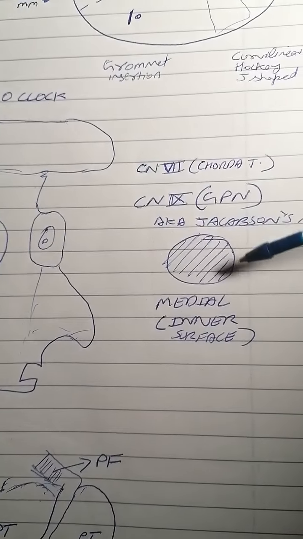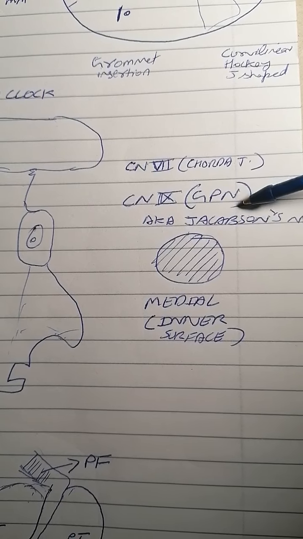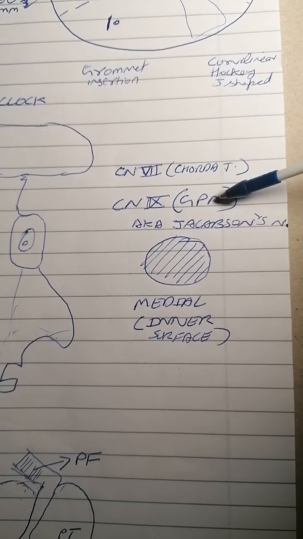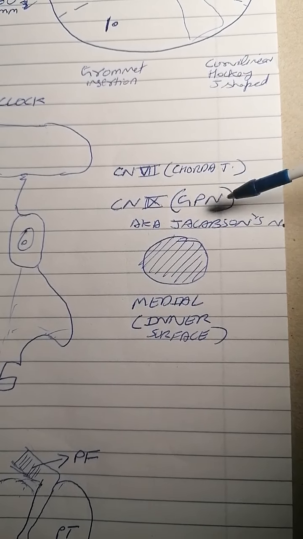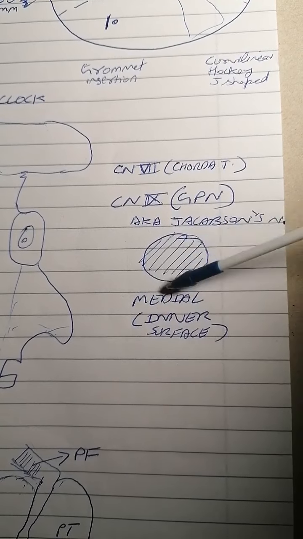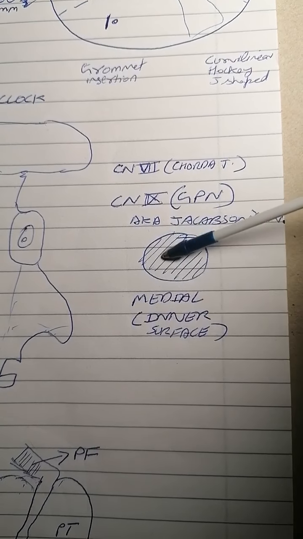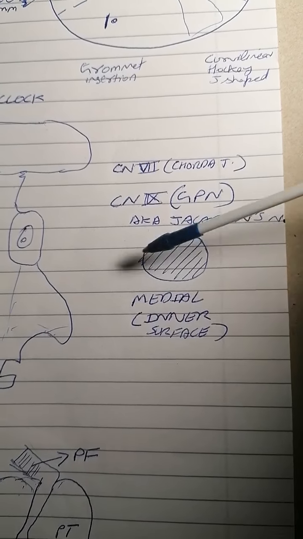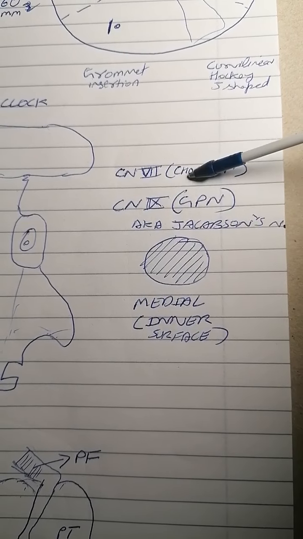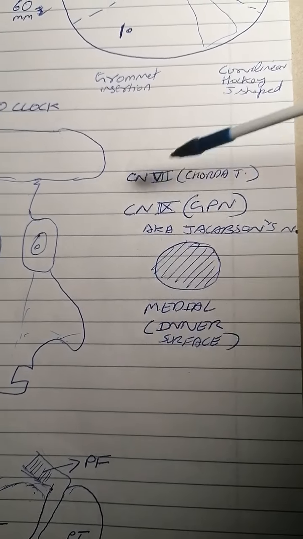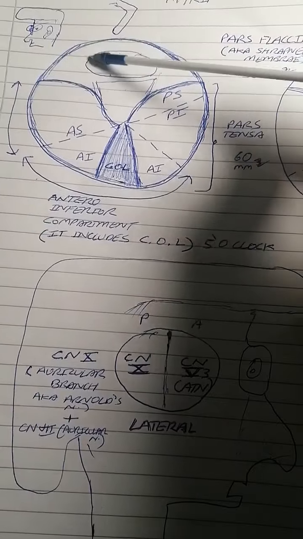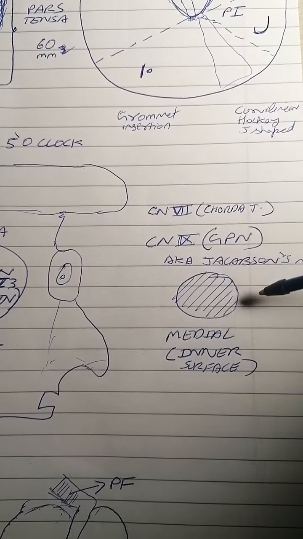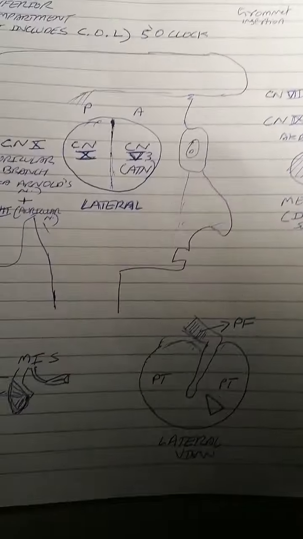An important point is that cranial nerve 9, the glossopharyngeal or Jacobson's nerve, usually innervates the medial, inner surface of the tympanic membrane. Then cranial nerve 7 again, the chorda tympani area, which is found here in the tympanic membrane, also innervates it.